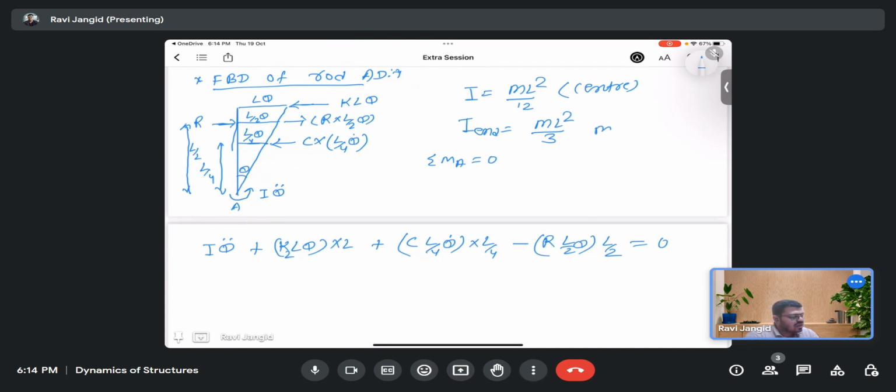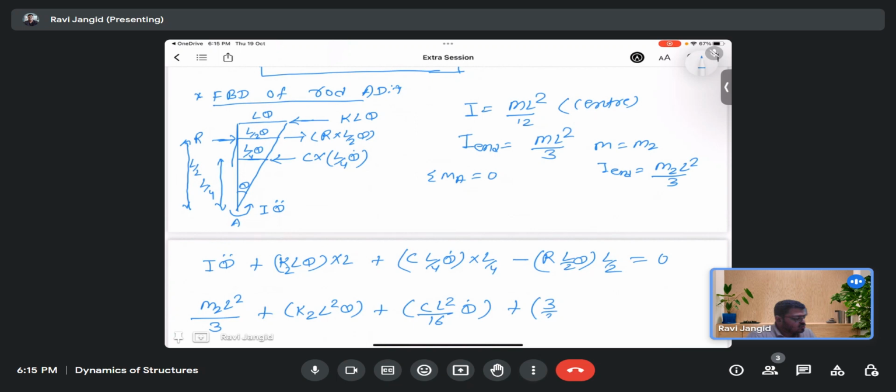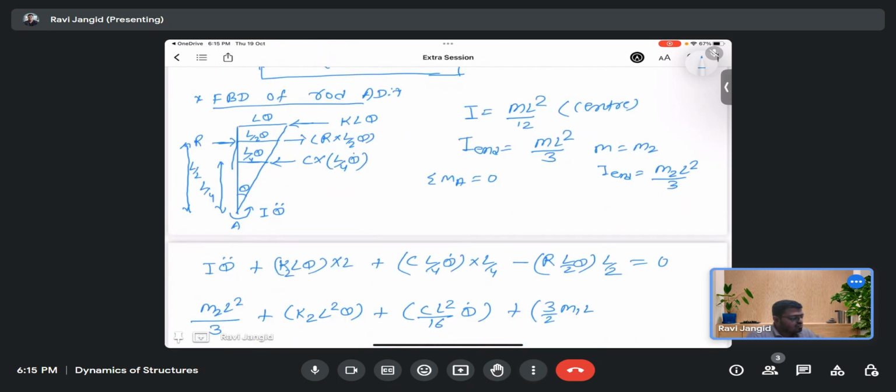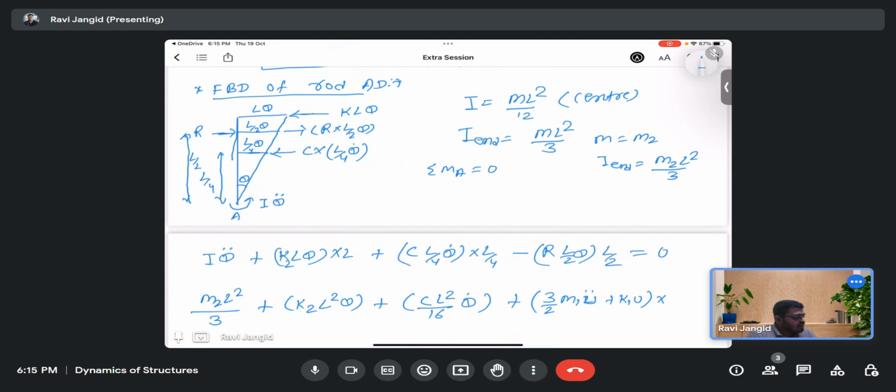Here m is m2, so I at the end becomes m2 l square by 3, plus k2 l square theta plus c into l square by 16 theta dot plus, I will replace the value of R. So if I put that value, it becomes 3 by 2 m1 times u double dot plus k1 times u into l square by 4 theta is equal to 0.